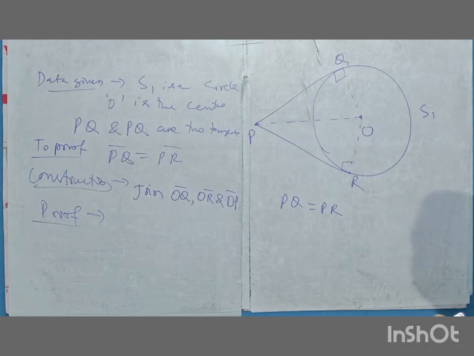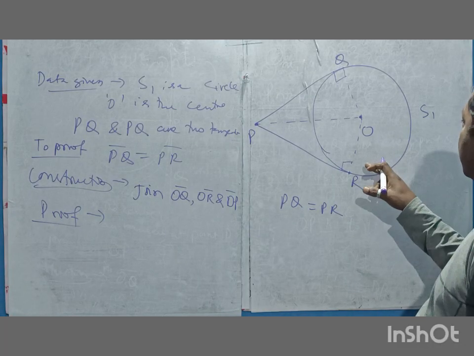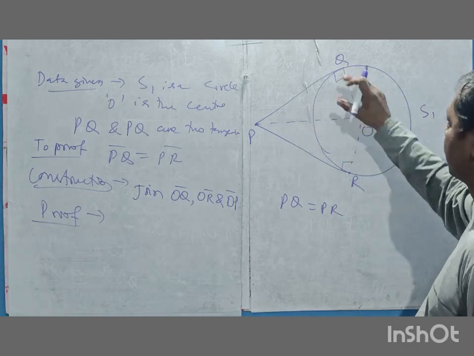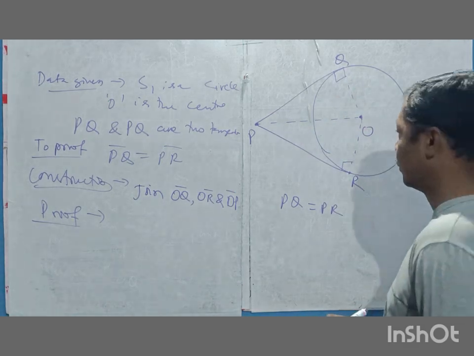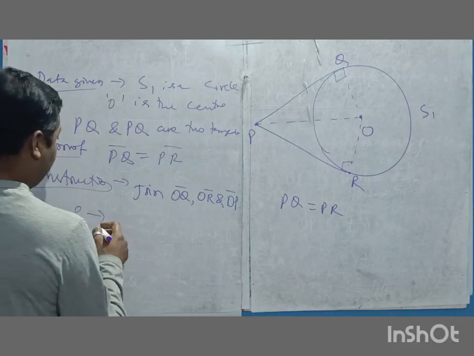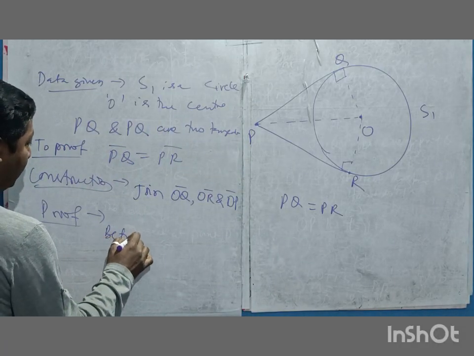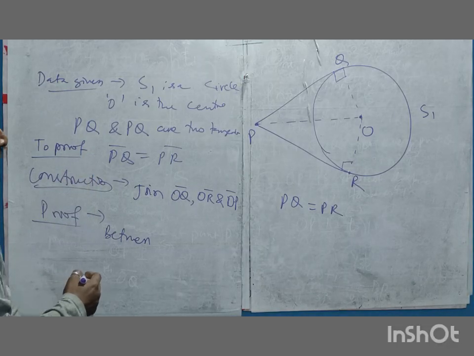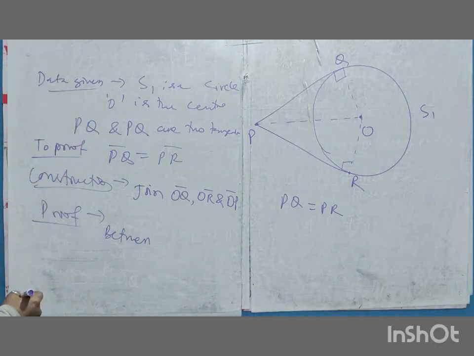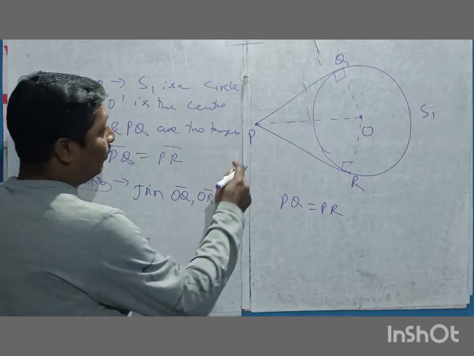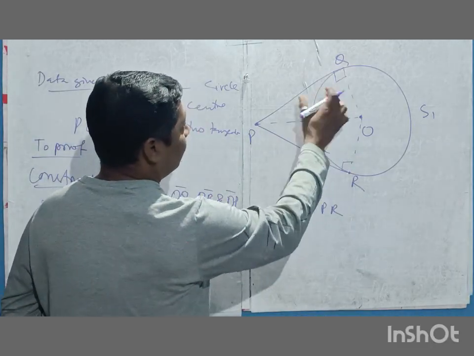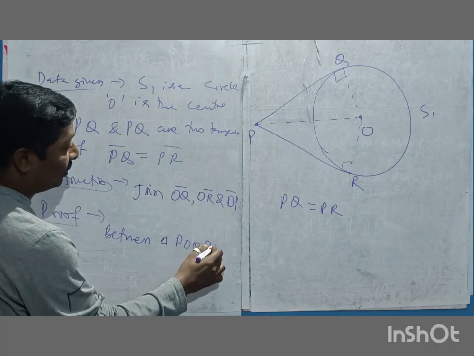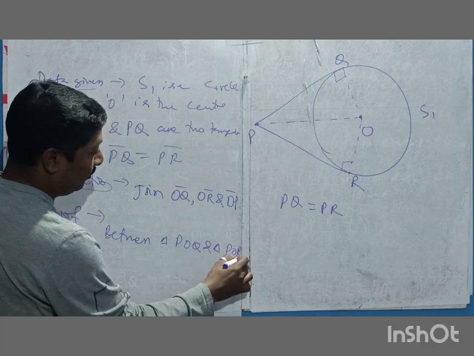So we have to take three conditions to make the two triangles congruent, between triangle POQ and triangle POR.